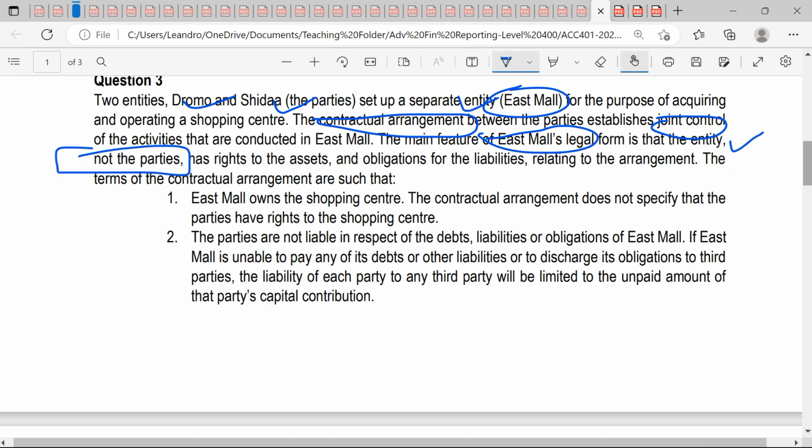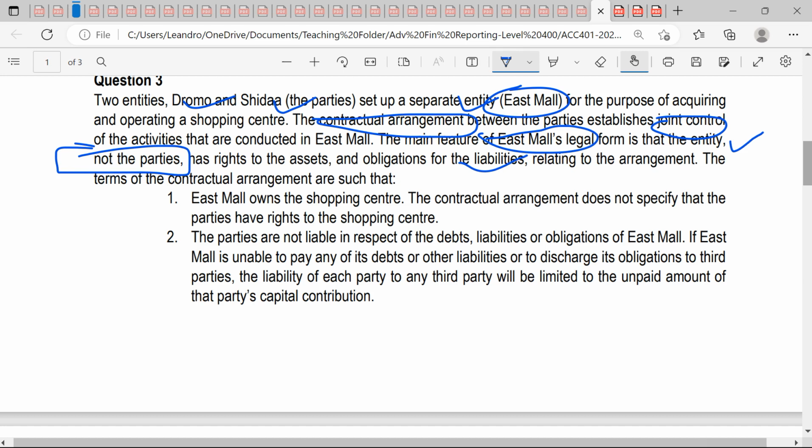If you take your eyes off this, you will conclude wrongly. So Eastmore, the separate entity, has rights to the assets and has obligations to the liabilities. That's what this is about.